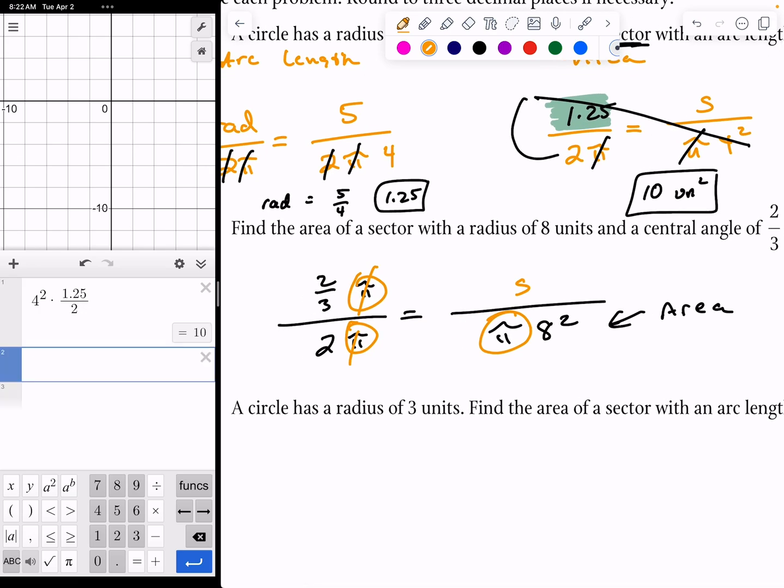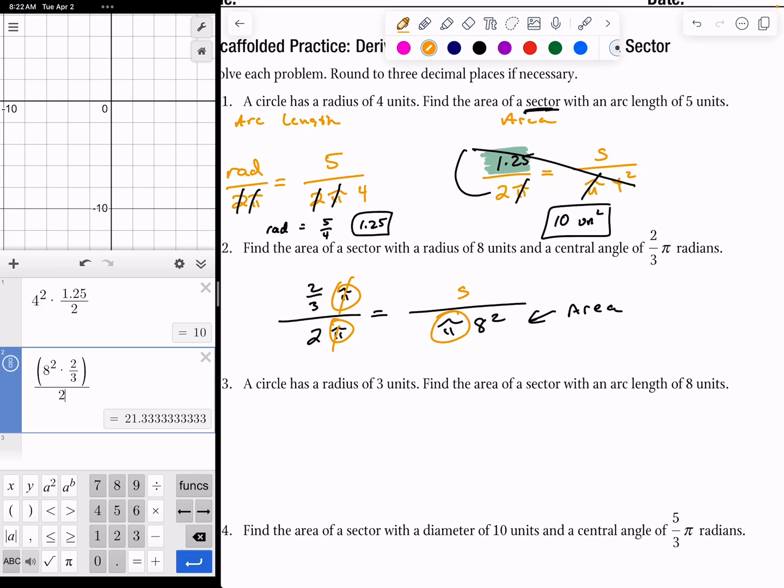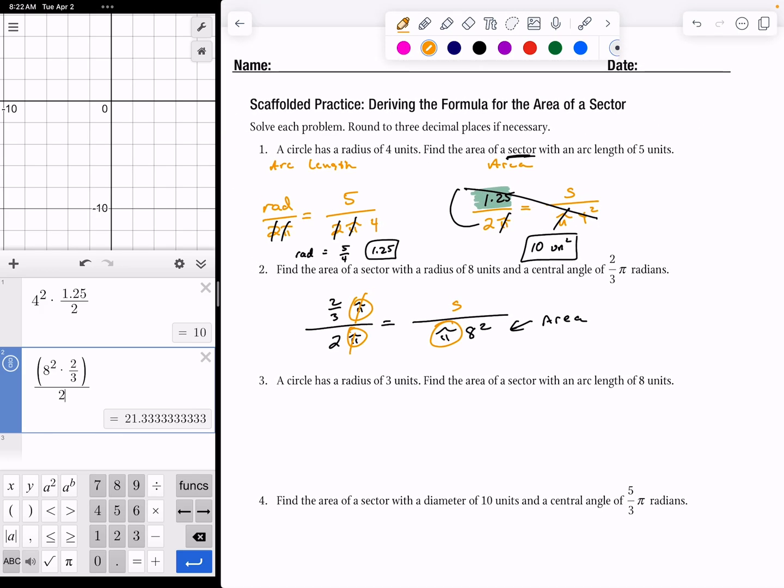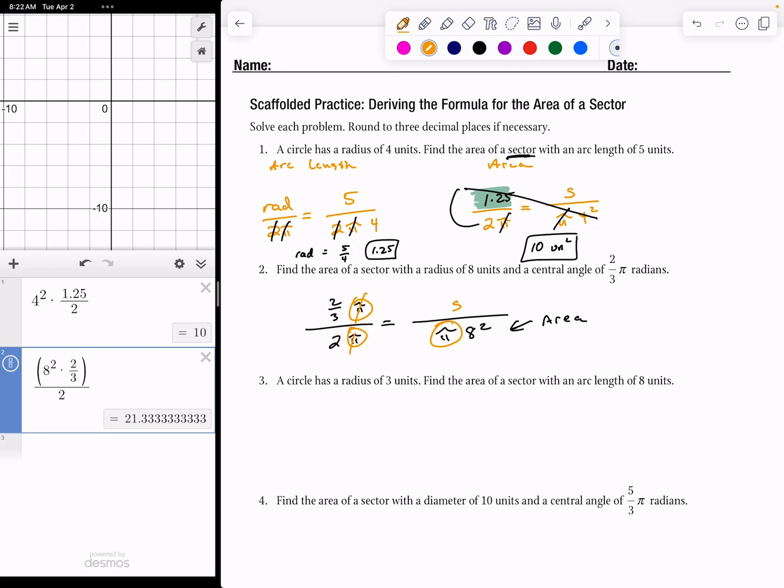So 8 squared times 2/3 divided by 2. Now, when you leave it in terms of pi, you don't want a decimal, so make that a fraction.